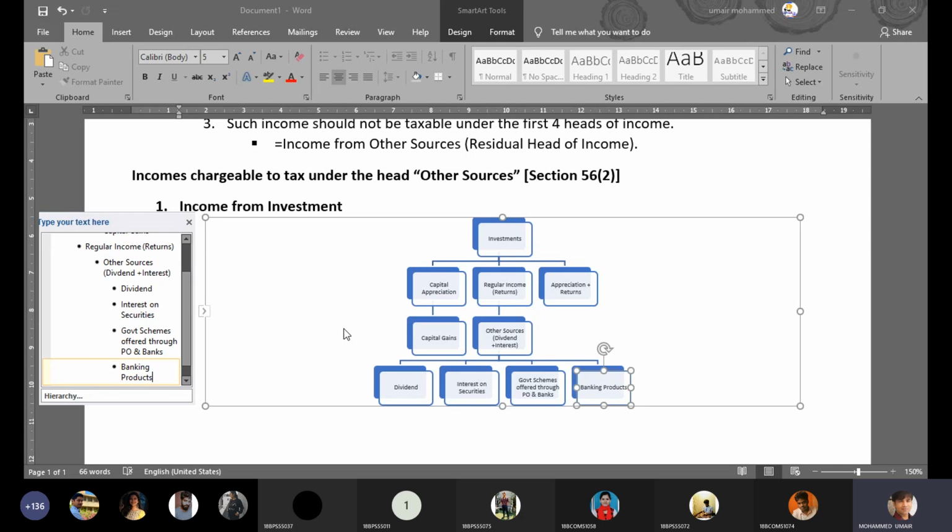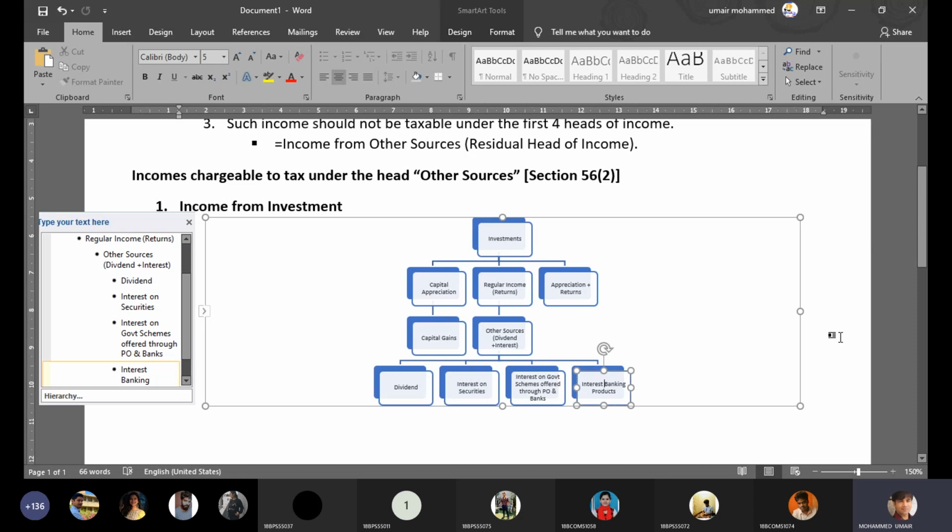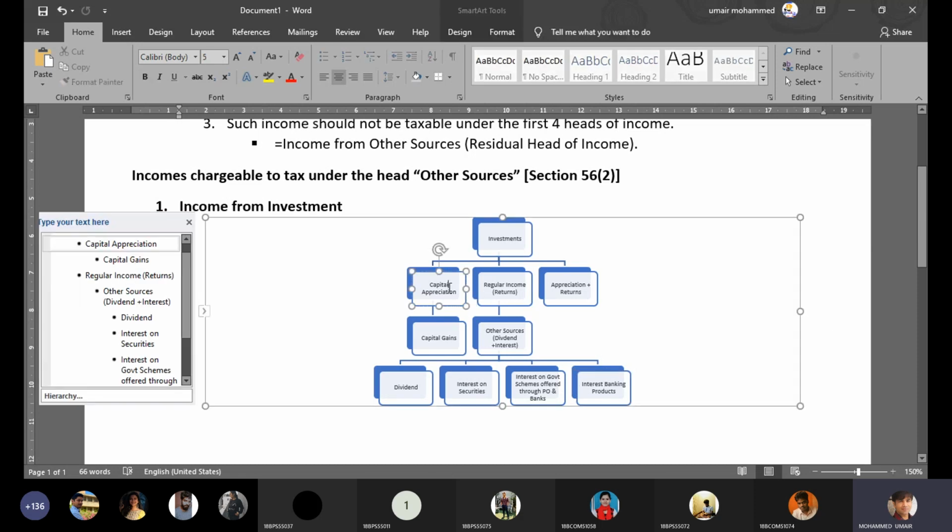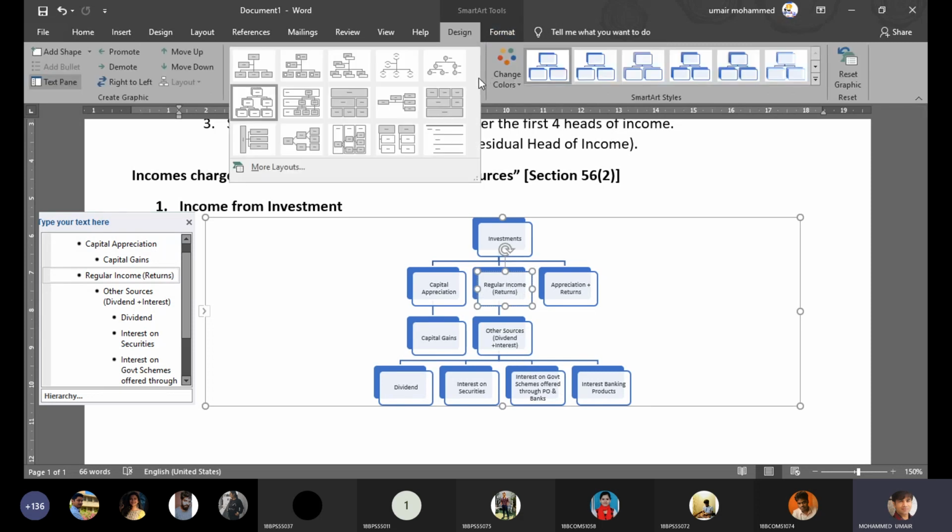Banking products include your fixed deposit, savings account, term deposit, right? On this also, what do you earn? You earn interest. So the point here is that capital appreciation is taxable under the head capital gains, and the regular income, which is in the form of interest and dividend, is taxable under the head other sources.